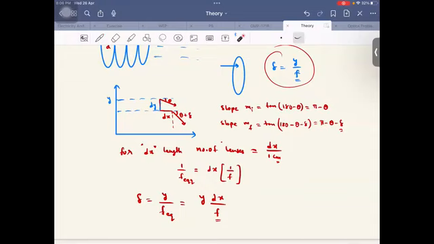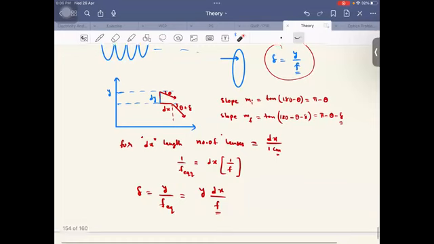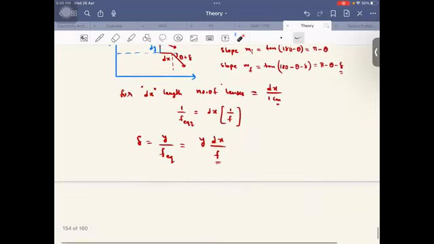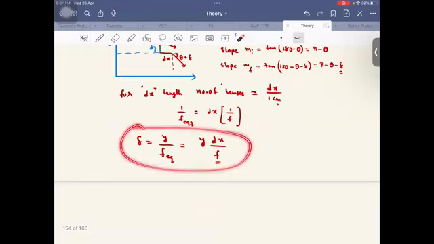No, 100 is not there; simply I just substituted y into 1 by f equivalent, which is dx by f. There is no need of substituting the value of f, which is 100 only. Fine, let us keep it this way.